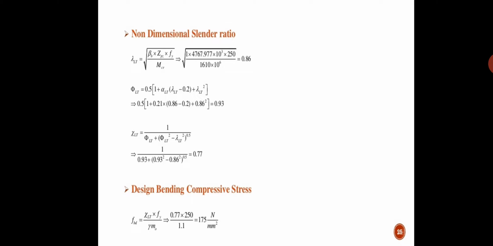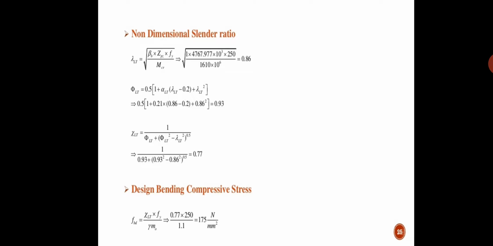Phi LT is equal to 0.5 into 1 plus alpha LT into lambda LT minus 0.2 plus lambda LT square. So we calculate phi LT according to the lambda LT found. These codal provisions are given in IS 800 clause number 8.2.2, page number 54.